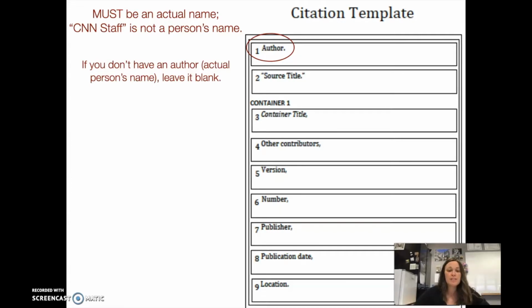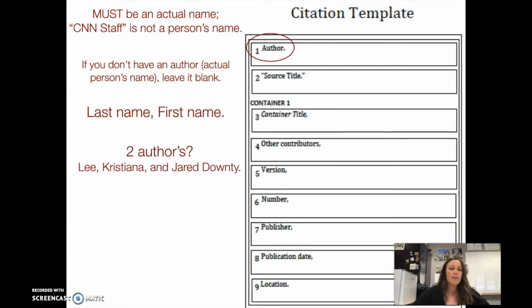If you do have a person's name, then you want to format it last name, comma, first name. Also, by the way, on the sides of the citation templates, it tells you how to punctuate the end of each item. So after author, you put a period. So it'd be last name, comma, first name, period. But if you have two authors, then you do last name, comma, first name, comma, and first name, last name.